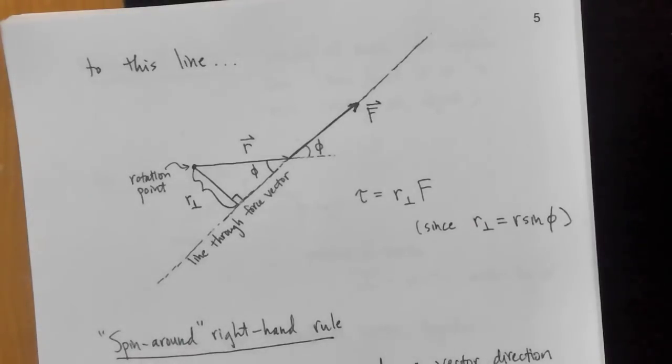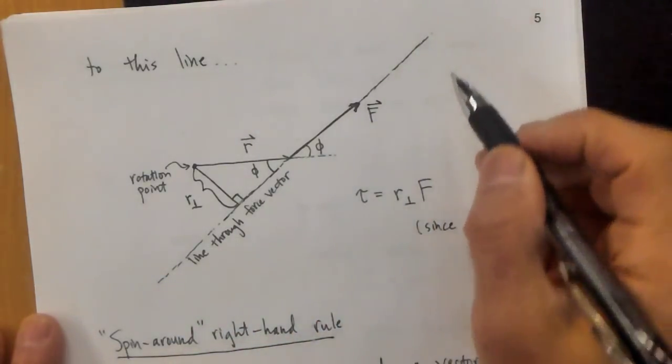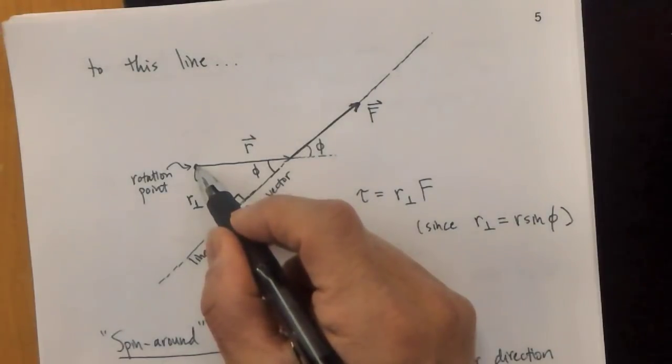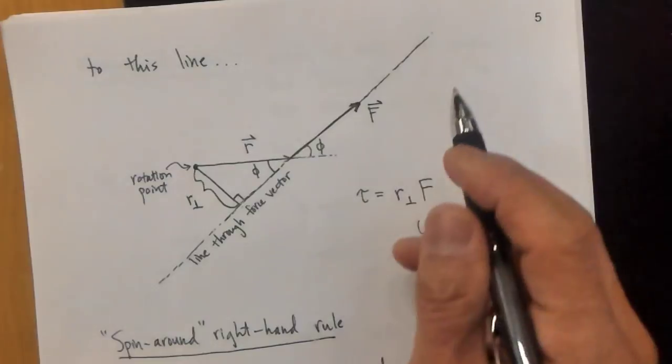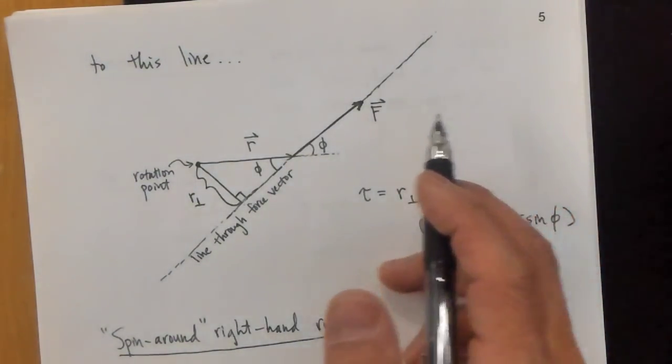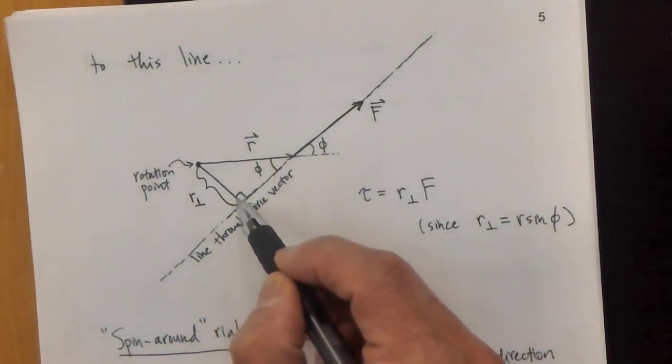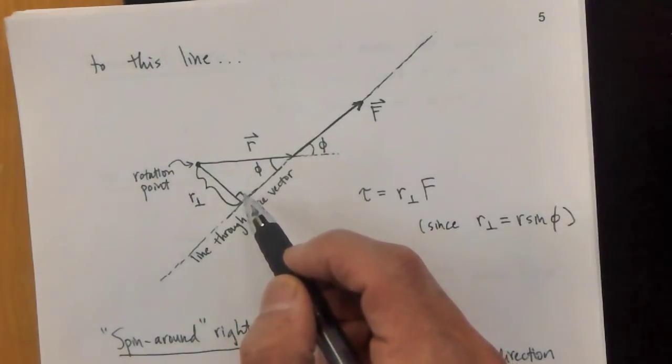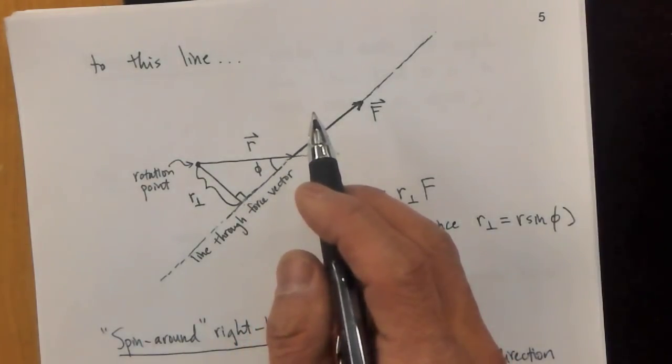Any questions about that? To use this trick, you have to know exactly how to draw that line. Go through the force, and then try to get from the rotation point to this line as quickly as possible. The way you get there as quickly as possible is by going perpendicular to that line. Questions about that?